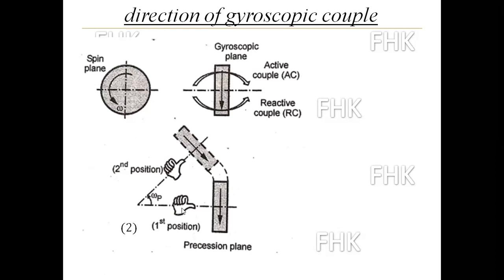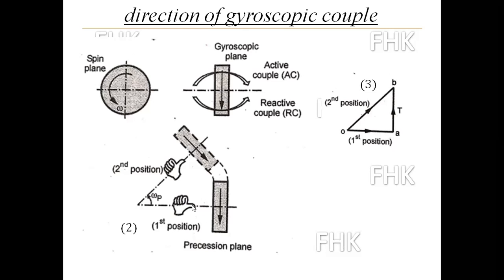So I will draw the vector in the precession plane. OA, this is the initial position of that rotor. OA, this is the first position, but the direction of arrow I am showing here, whether from O to A or A to O. The curling finger is showing the rotation of the rotating disc.